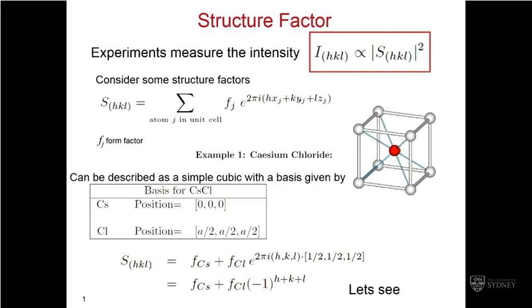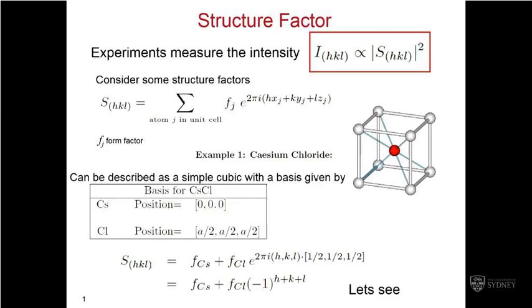Remember, last Friday we ended up with this slide here. This was looking at the structure factor for cesium chloride, and we ended up with this expression, so that we had the form factor for the cesium atom, the form factor for the chlorine atom, and these were your Miller indices.